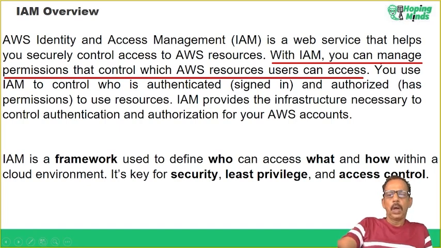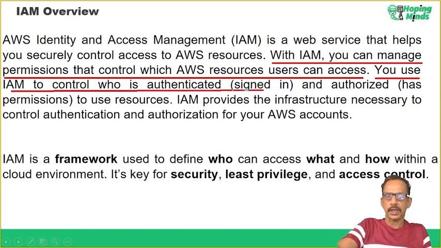You use IAM to control who is authenticated, signed in, and who is authorized, that is given permission, to a specific resource. Same thing: who, user, authorized; what, resource, which.